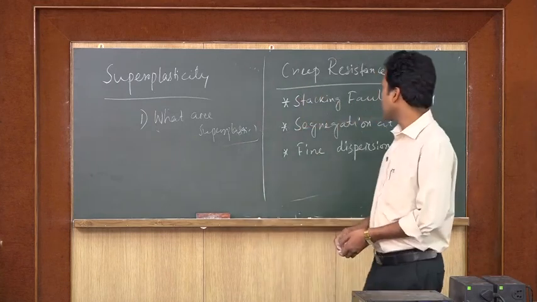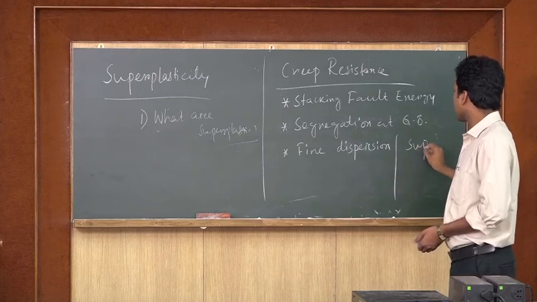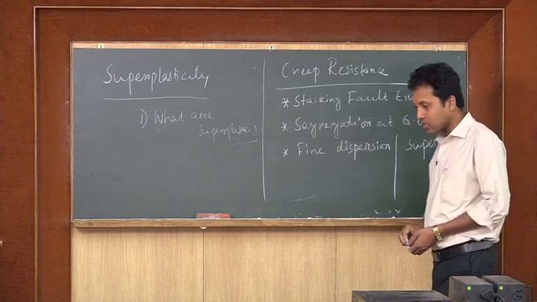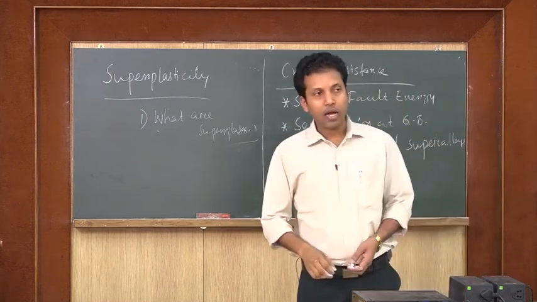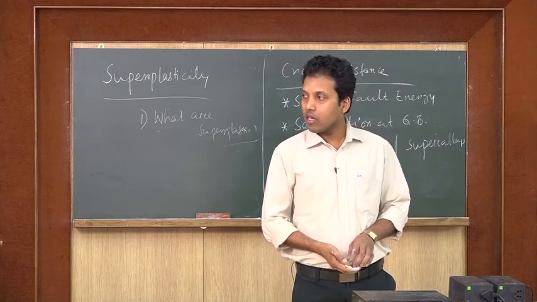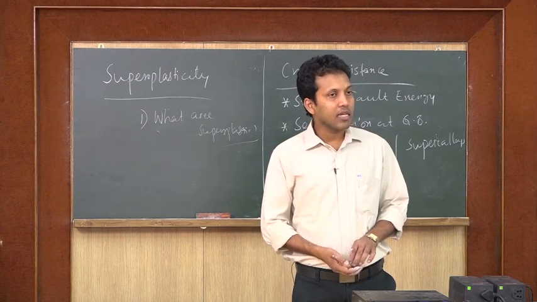We have many alloys, known as super alloys. These super alloys can be used at high temperature. Super alloy means what? There are many nickel based super alloys, like Ni3Al, Ni3Ti.